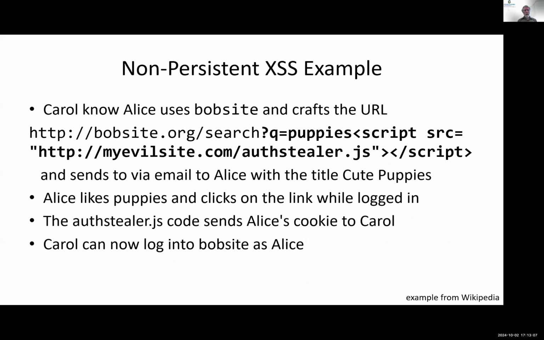Here's a good example. Alice uses bobsite.org and wants to look at it. Carol knows that Alice uses Bob's site. So Carol sends an email to Alice saying, look here at this link, bobsite, search, look for puppies, script, source equals this, calling a JavaScript file from this site, and sends it to Alice with the title Cute Puppies.